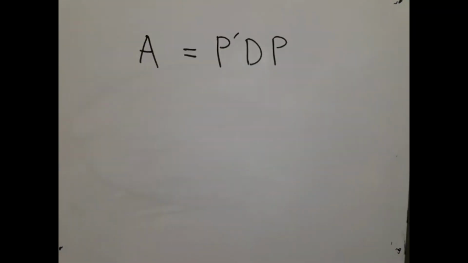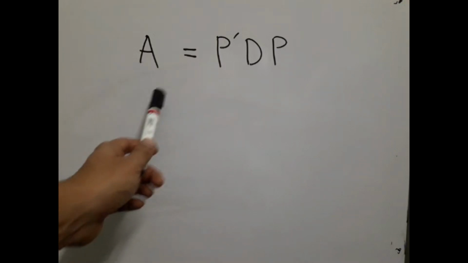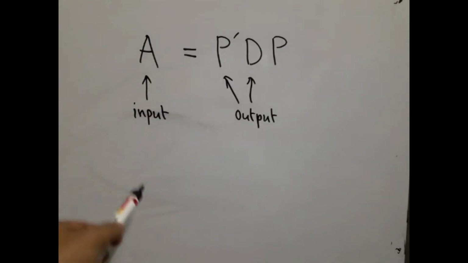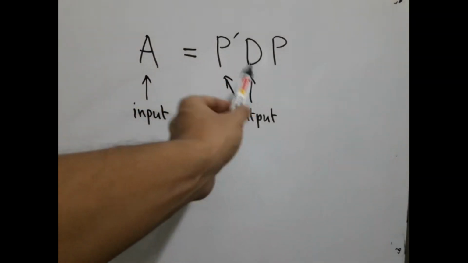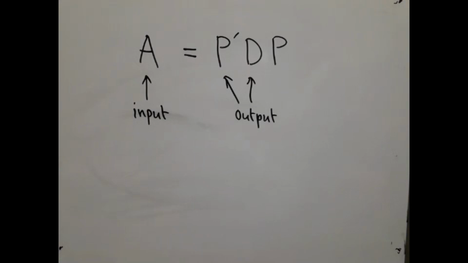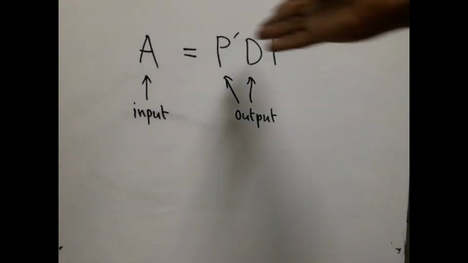So, we are interested in this relationship A is equal to P transpose DP. Here, A is the input and the output will be D as well as P. So, if I know P, I know P transpose. So, I want to find D and P given A. Clearly, there is no unique answer to this.